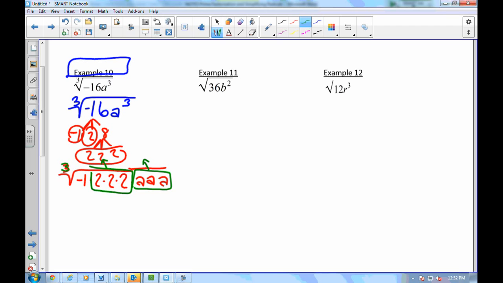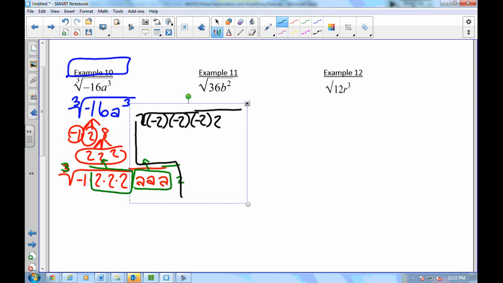Okay, better? Let me ask you a question, though. Will these also be equivalent? If I left these underneath, will this also multiply to negative 16? Negative times negative is a positive, times the negative is a negative.